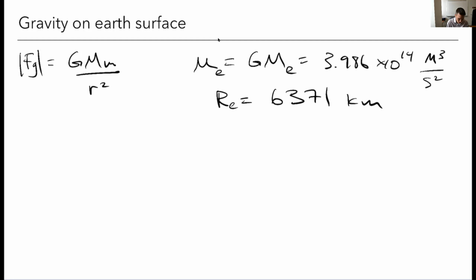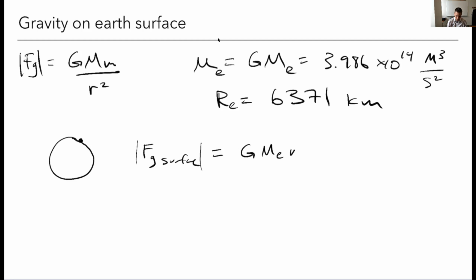Okay, so if I'm just right here on the surface of the Earth, then the force that I would feel on the surface is going to be, and this is again just a magnitude, G times the mass of the Earth times the mass of me or whatever object I'm looking at, divided by the radius of the Earth squared, right? And when we're at the surface of the Earth, we like to call this mg.